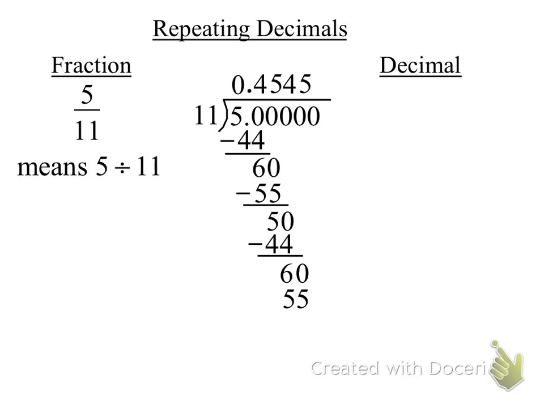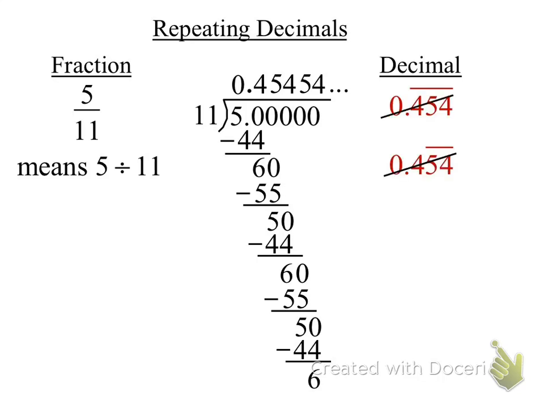Jorge. You put the bar above the 2 numbers that are repeating. Do I put it over 3 numbers? No, only the first ones that repeat. Once I see the 4 again, I don't write it. So you don't need the third 4? No, we don't need that third 4.